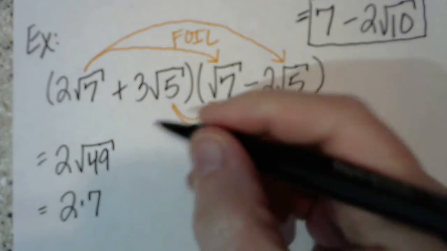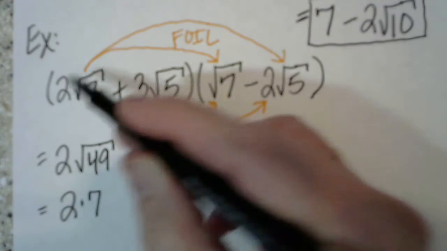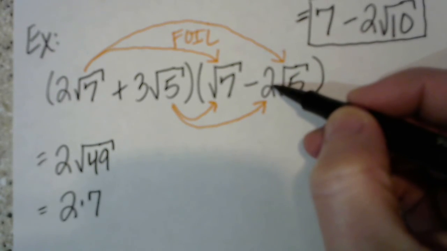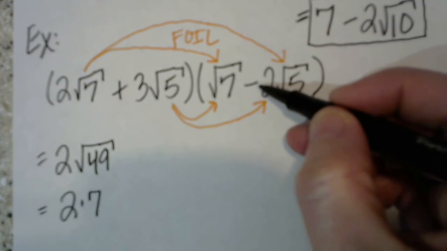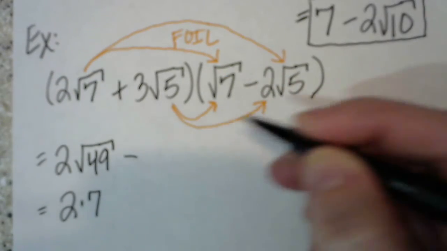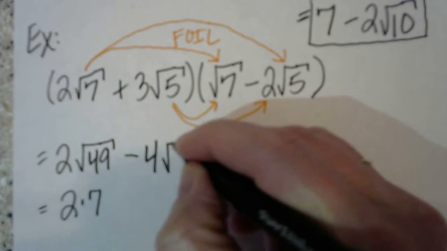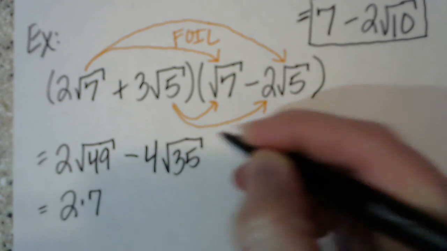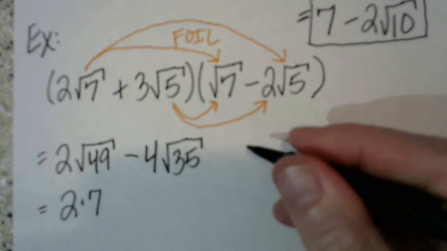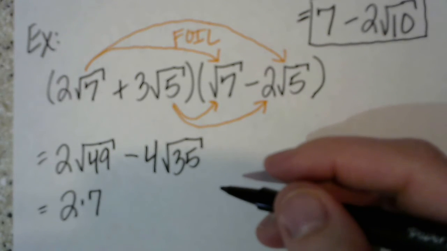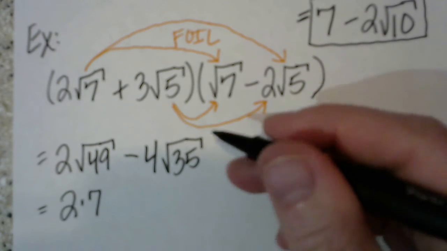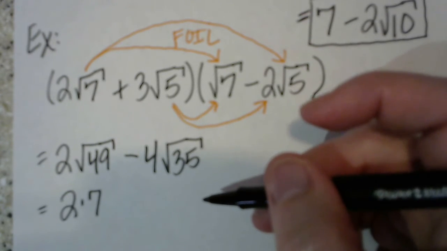So we'll come back to that, but I know that that's going to be 2 times 7. Okay? Outside. 2 times 2 is 4. It's a negative. Positive times a negative, so negative 4. 7 times 5, square root of 35. Because when you multiply, you just need the same type of radical. And you can multiply what's underneath.